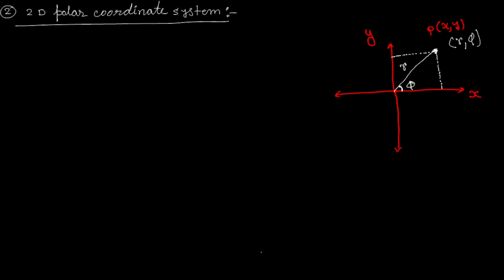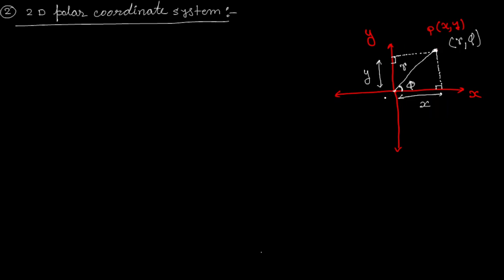Now if the coordinate of point P according to the rectangular coordinate system is x and y, then this length will be x, and this length should be y. We have drawn a perpendicular from the point P on the x-axis and the y-axis, so this angle will be 90 degrees, and this angle will also be 90 degrees.